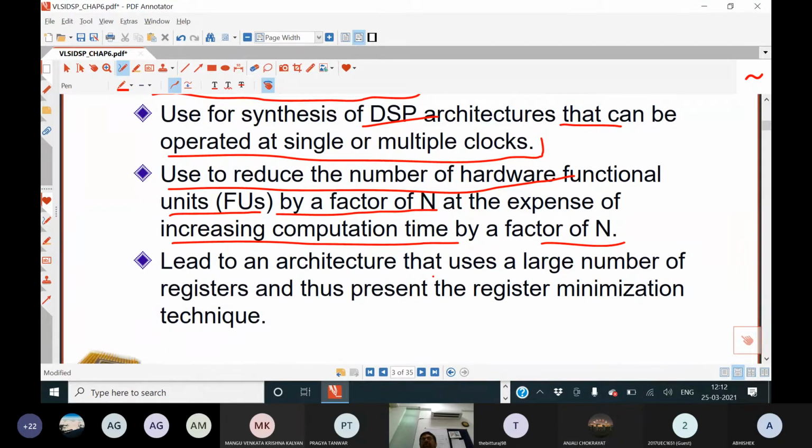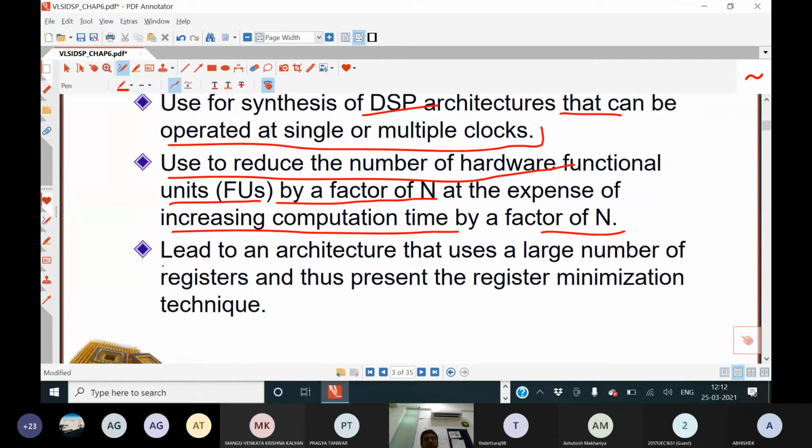Like what we discussed in a bit serial architecture, if we want to do a 4-bit addition with a single adder, then ultimately I require 4 clock cycles, because at each clock cycle, 1 bit is being added. But if I have 4 adders, then I can complete the addition of my 4 bits in 1 clock cycle. So that is a trade-off that you need to consider.